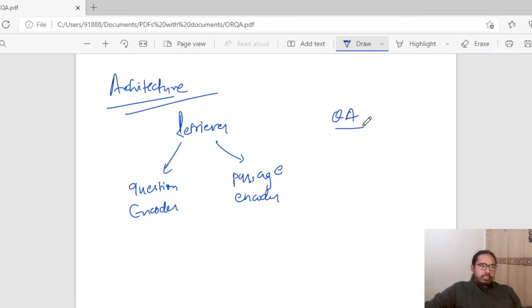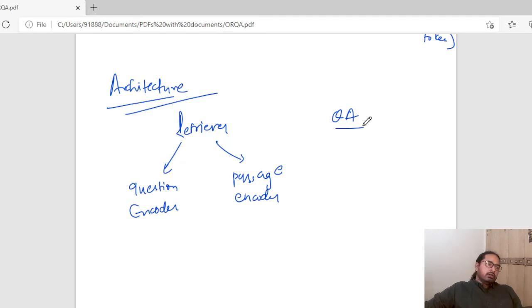To initialize the model, we start with a pre-trained BERT model for all of these. So there will be a BERT Q model, a BERT P model, and a BERT R model. BERT Q is used to process the question, BERT P is used to process the passages, and BERT R is used to represent the QA model.